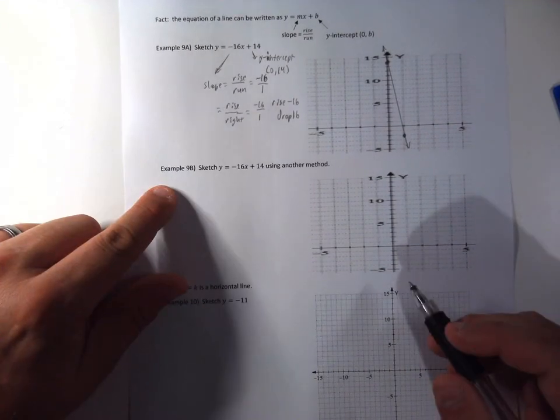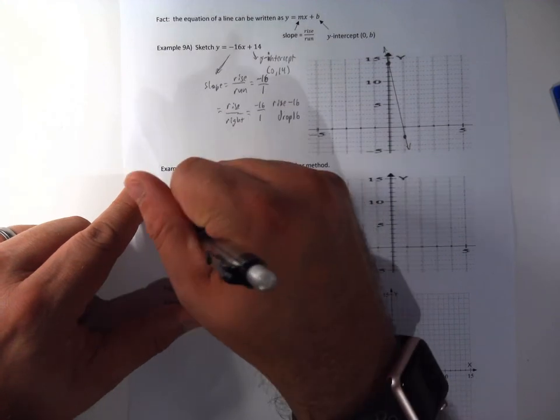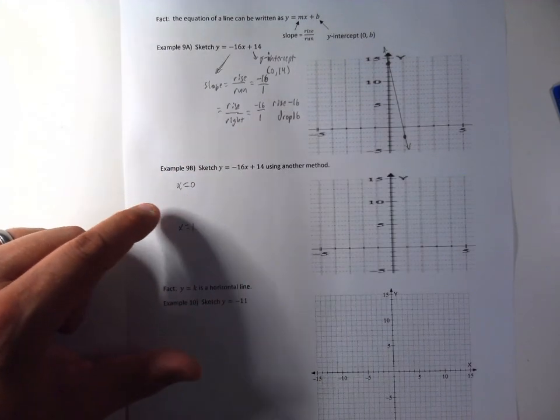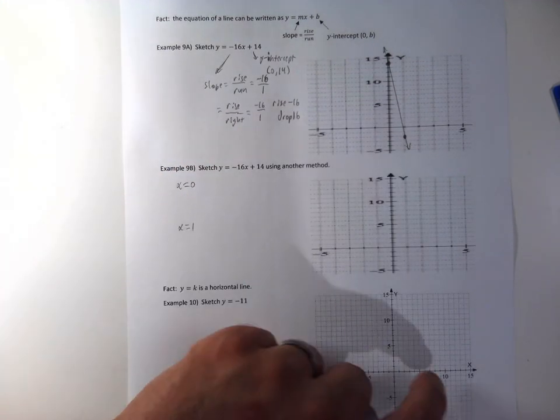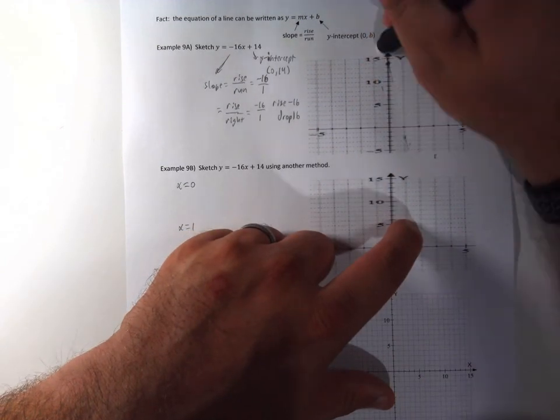This time I'm going to use a different method. I'll use 0 and 1. It should still give me the same line. I have to admit I don't like the way that line looks, so I'm going to try it again.